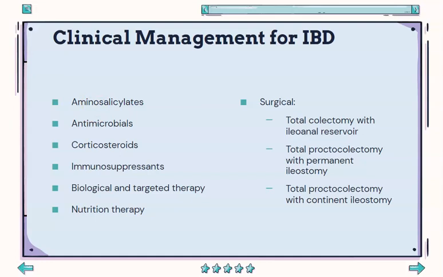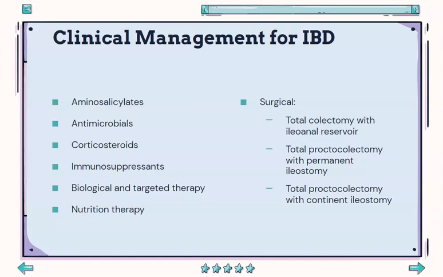If we cannot manage it with diet, lifestyle, and medication interventions, then we're looking at surgical interventions, doing either a partial or total colectomy, proctocolectomy with either a permanent or a temporary ileostomy. And then, if it can be reversed, we can reverse it at a later time.